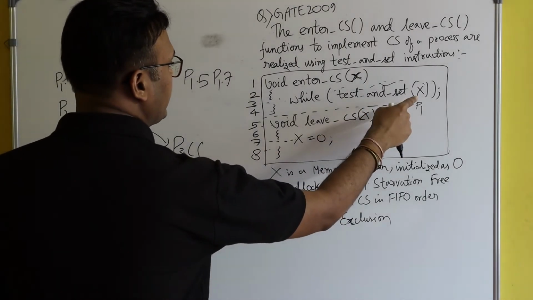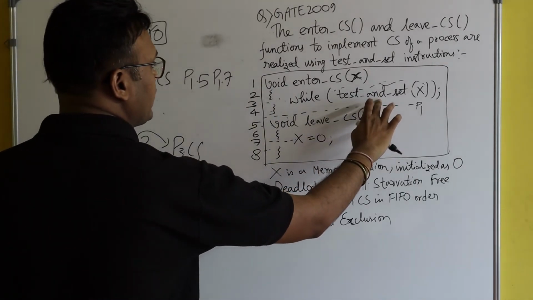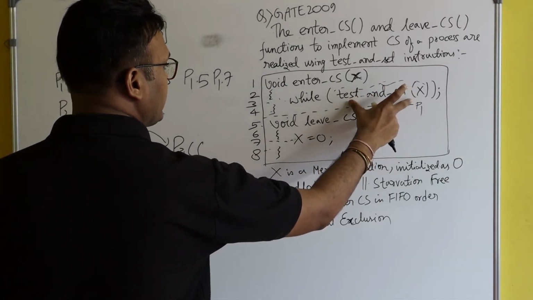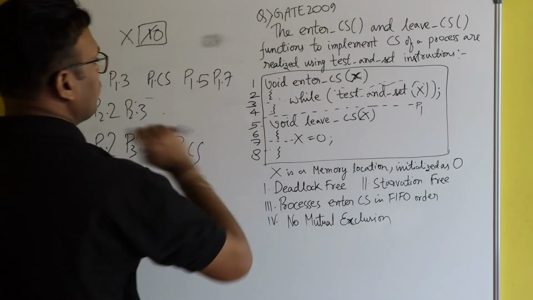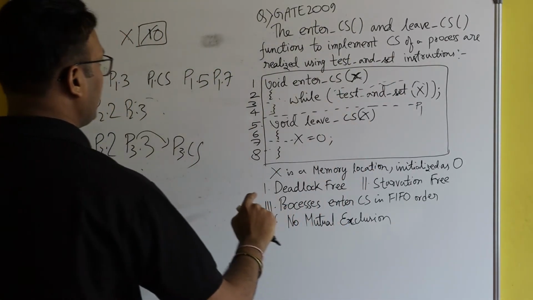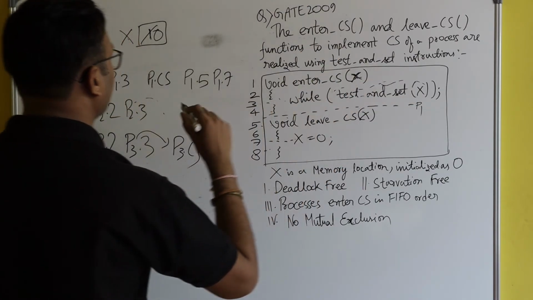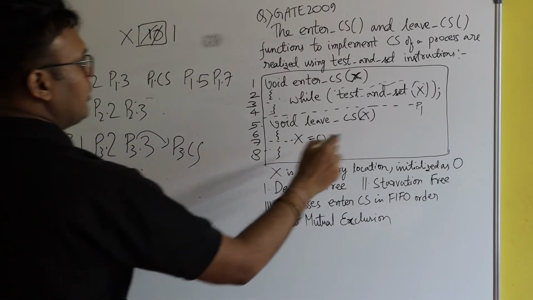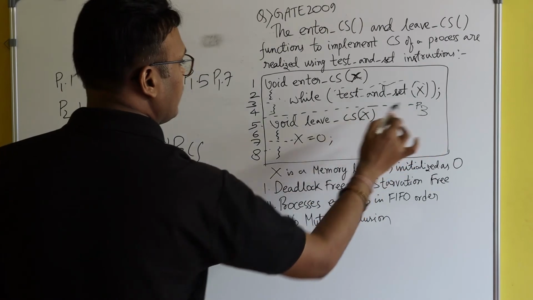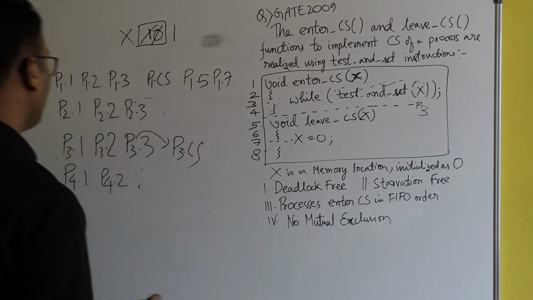Because the test and set function has sent the old value of x, that is 0. That's why this loop got broken, and when P3 entered inside this critical section, again the value of x became 1, so that when P3 is here, other processes should not come. So now P3 is in the critical section.